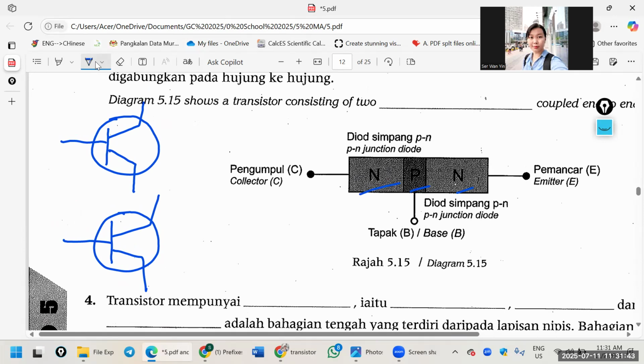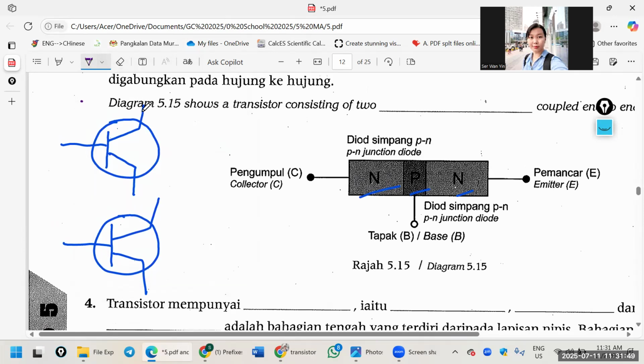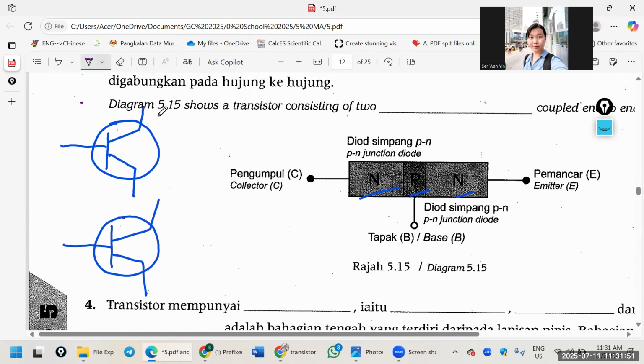But no matter how, the name outside is always the same. So up is collector, I will call C. Left is base, B. Down is emitter, E. I will say CBE.